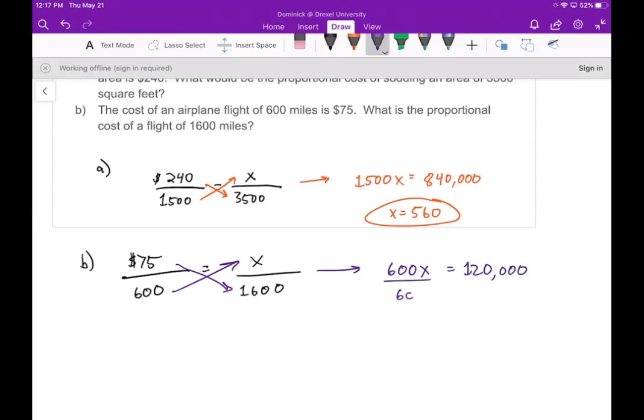And then if we divide both sides by 600, cancel 2 of your zeros with 2 of these zeros, we're going to get that x is 1,200 divided by 6, which should give us 200. So it would cost $200 to make a 1,600 mile flight.